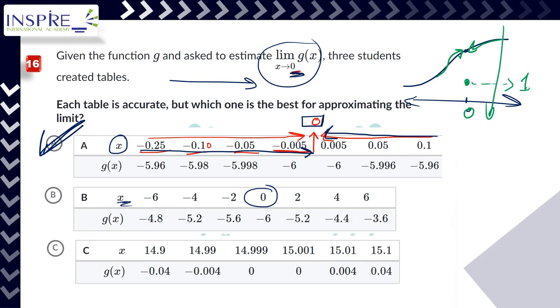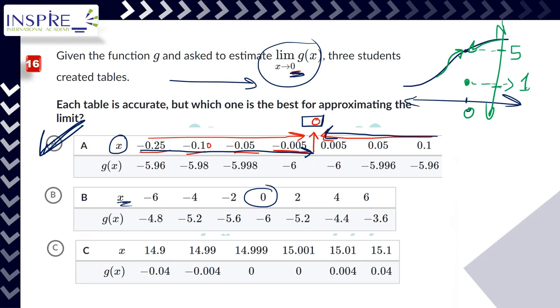If this is your y-axis, this is 1. But the limit is maybe 5. This is the difference between the limit and the value of the function. And we will use it later, inshallah, in calculus differentiation to know whether the function is continuous or discontinuous. Okay, this is a very important concept for us. So here we'll choose letter A, the first table, and letter B.